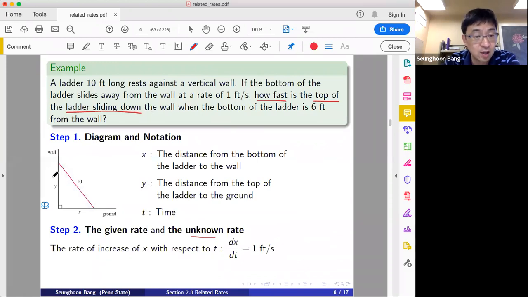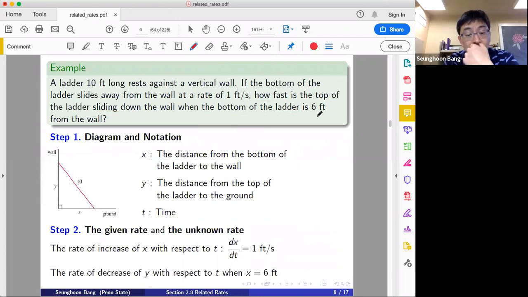So what does it mean? Here, the y value is decreasing. The rate of decrease of y with respect to time t, when the bottom of the ladder is 6 feet from the wall. So we use the notation: the derivative of y with respect to time t when x equals 6. This is the unknown rate.